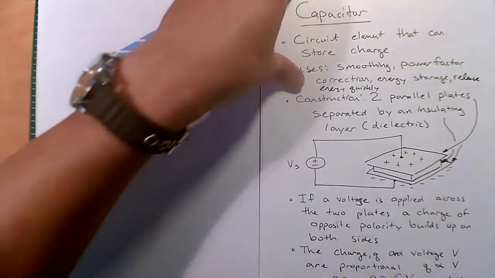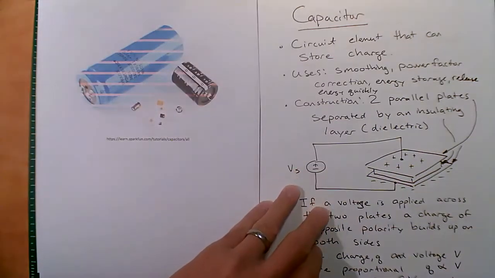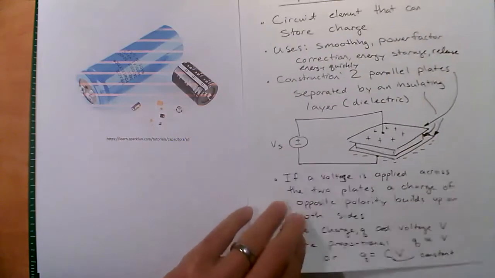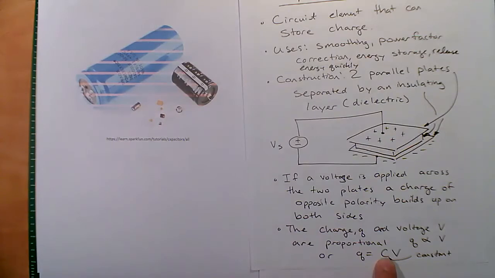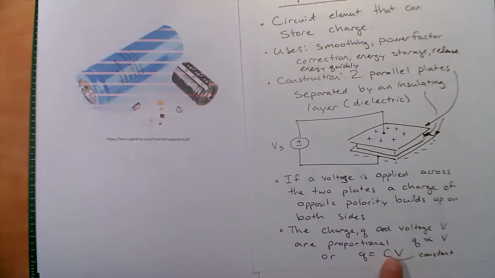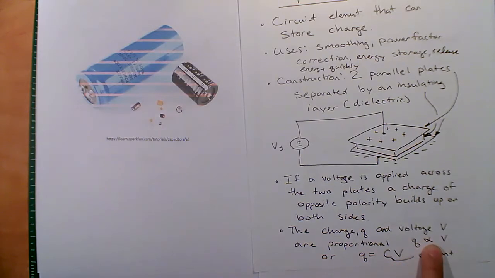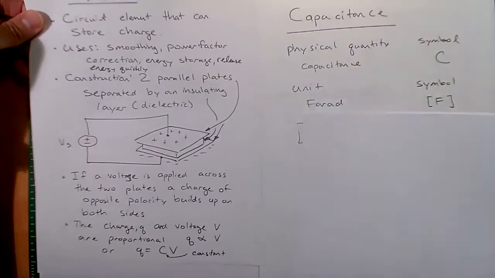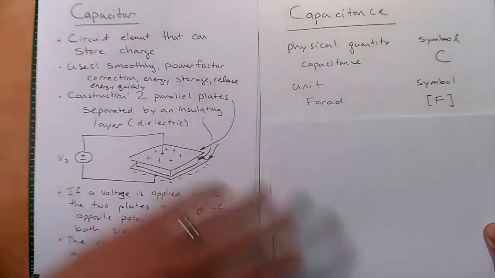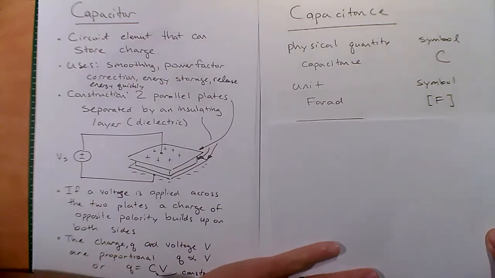And so the amount of charge that builds up is proportional to the voltage by this equation, and the rate at which it's proportional is the capacitance. Okay, and we use this alpha here to denote proportional, but you could also rewrite it as this equation. And remember our distinction between physical quantities and units.